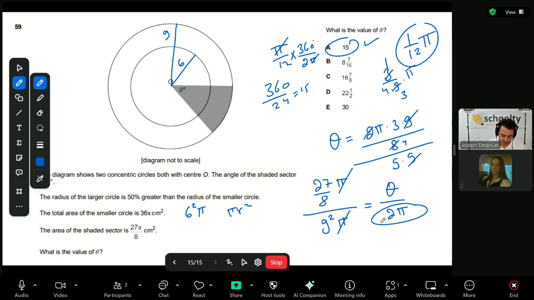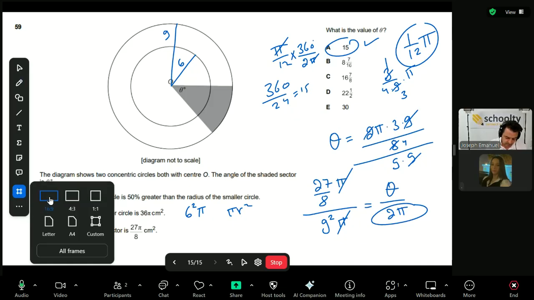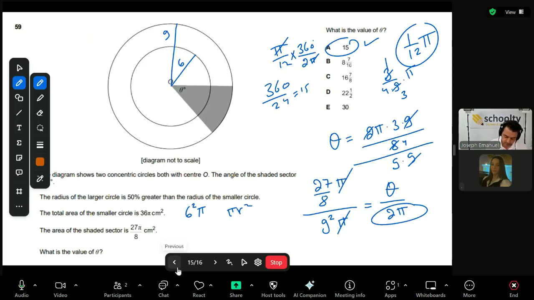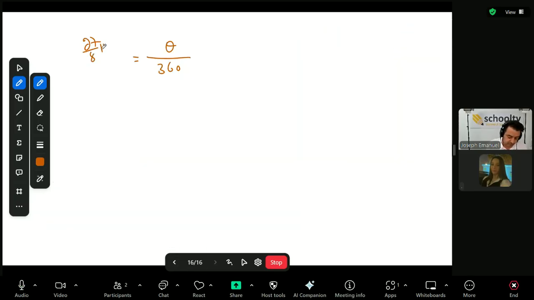By the way, in the beginning, instead of 2 pi, we can use 360. If I would recognize that the answer is in degrees, I would make it 360 from the beginning. So you have theta divided by 360 equals 27 divided by 8 over 9 square pi.